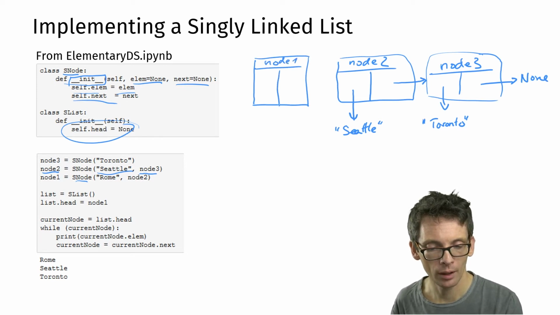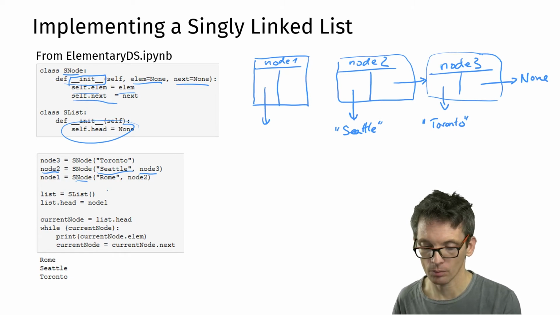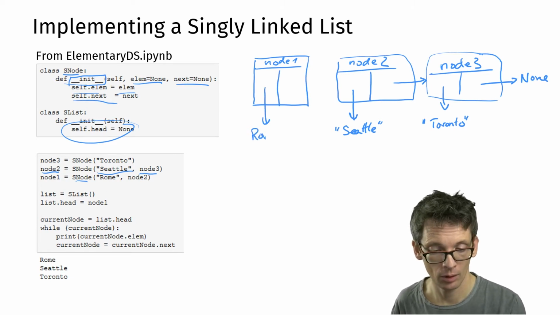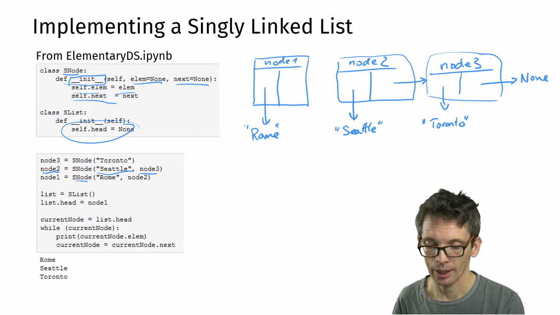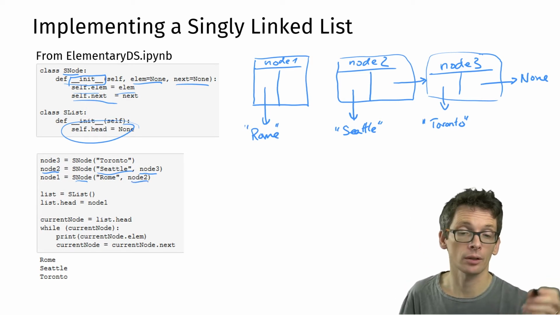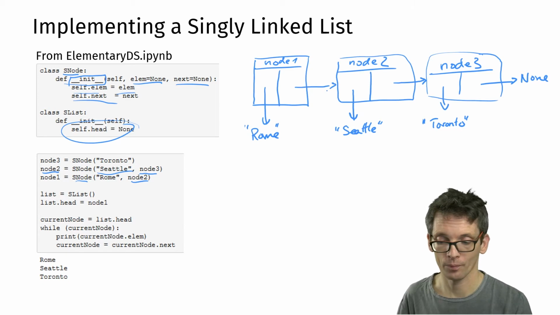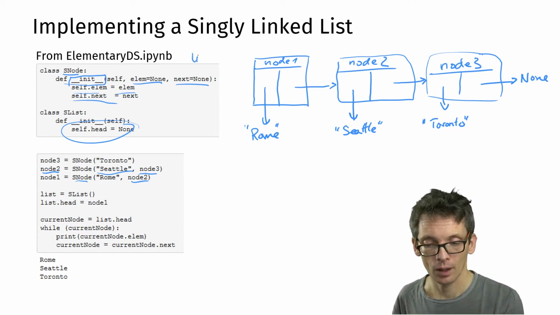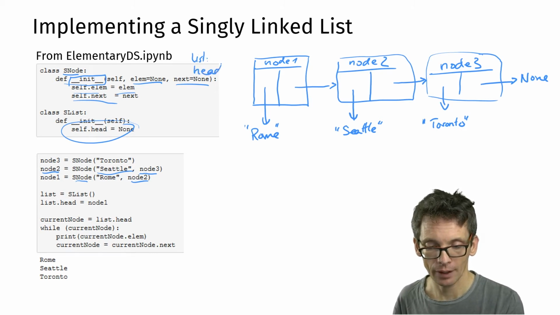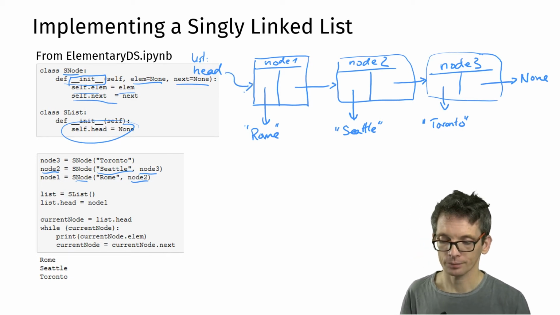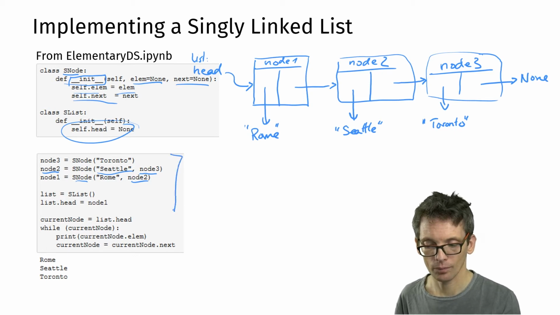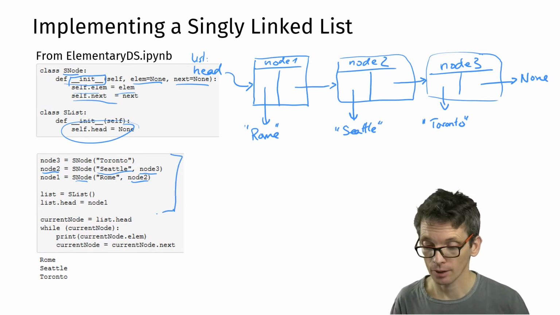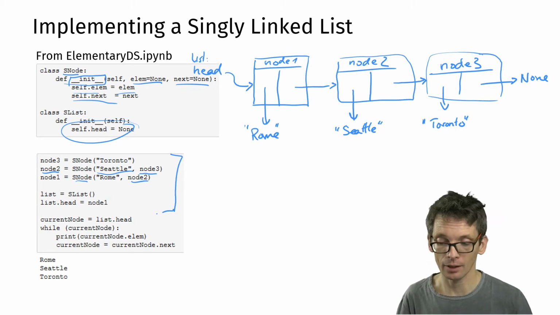Node 1 stores Rome, and its next pointer points to node 2. And now I have a list, and my list has a head. I simply say that head is node 1. So with this, I create a very simple singly linked list.